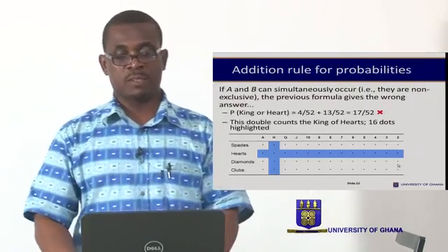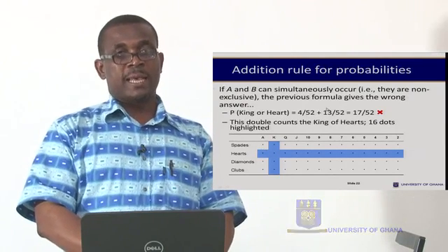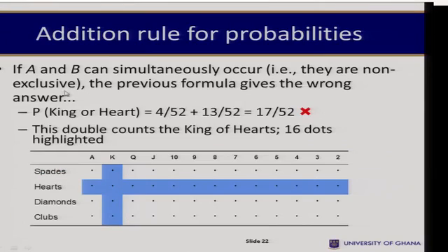But look at what happens here. Suppose we take the case of playing cards, and we're saying we want the probability of a king or a heart. So we're saying that there are 4 kings, right? So these are the kings.